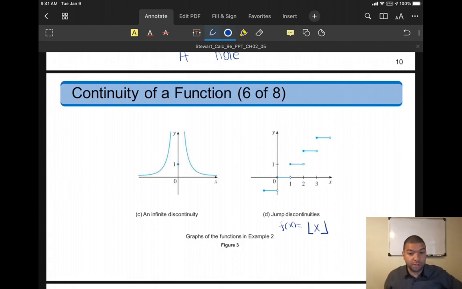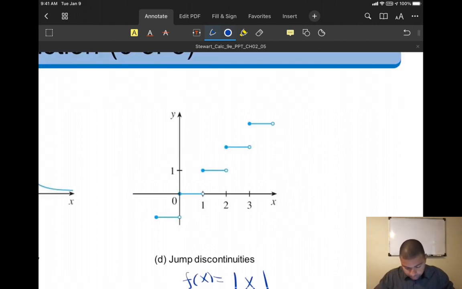This is discontinuous in a bunch of different places, whenever you have a whole number. Let's just discuss what happens at x equals 2, for example.